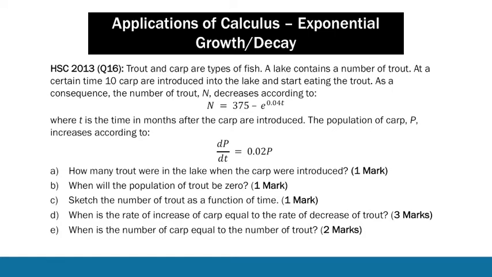Now, the exponential decay formula we're given looks a little different than normal, but that's okay. It'll obey most of the same principles. And the carp is given to us in a more standard formula that looks a bit like this. Now, the first few questions are fairly stock standard, and then we get to some harder stuff at the end. So take a second to look over this question, and let's get into it.